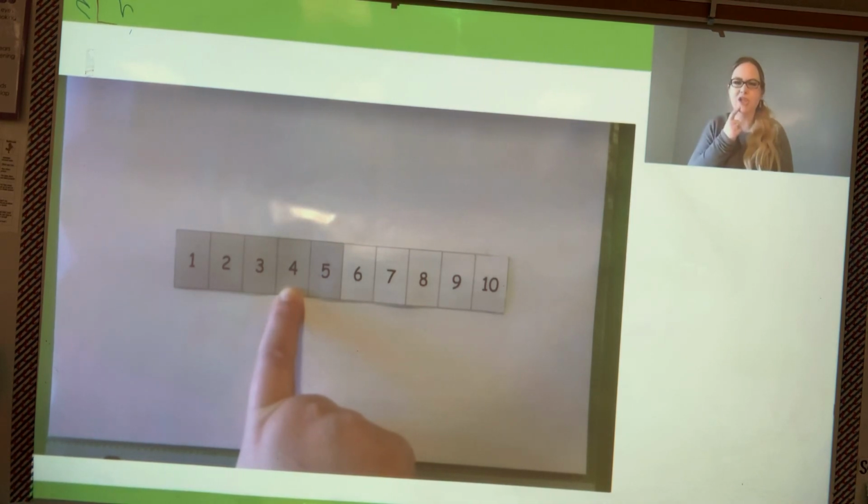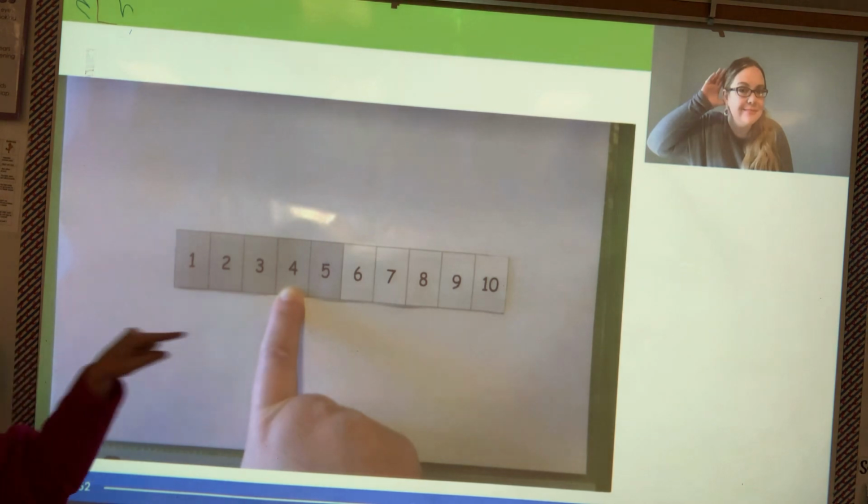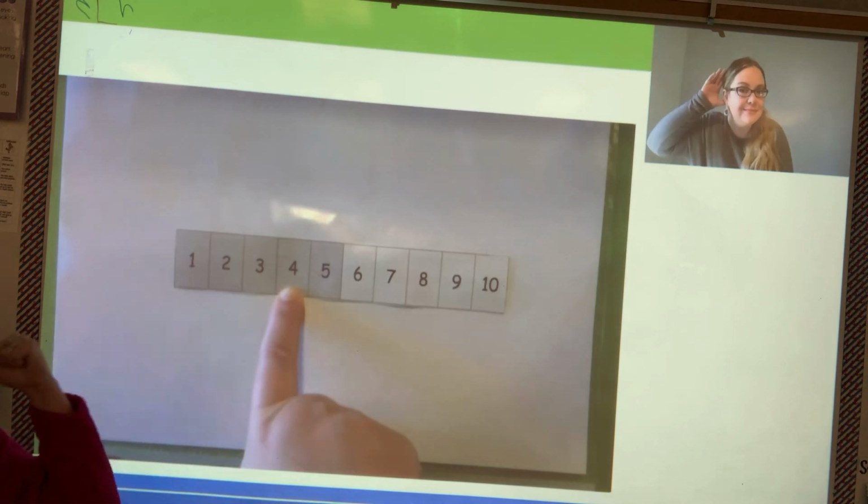So are we going to move forwards or backwards on our number path? She said 5 pigeons joined them. If they're joining them, are we going to go forward or backward?